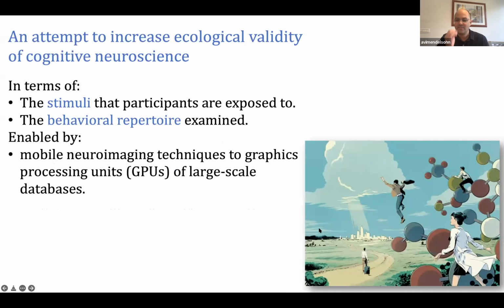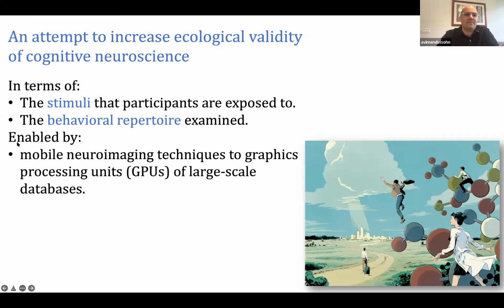So the idea for this session was to talk about new approaches for looking at cognitive sciences from a more ecological perspective, while trying to increase the ecological validity of cognitive neuroscience in various ways.